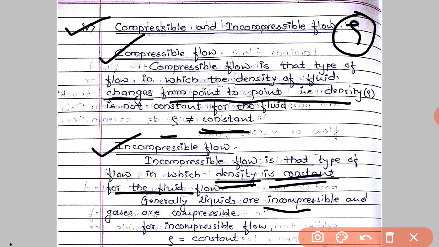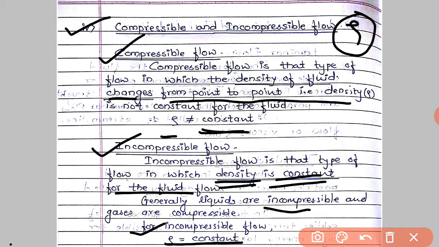There are a number of applications of compressed gases. For incompressible flow, rho will be constant, so rho will not change. An example of incompressible flow is the flow of liquids, and examples of compressible flow are the flow of gases or air.